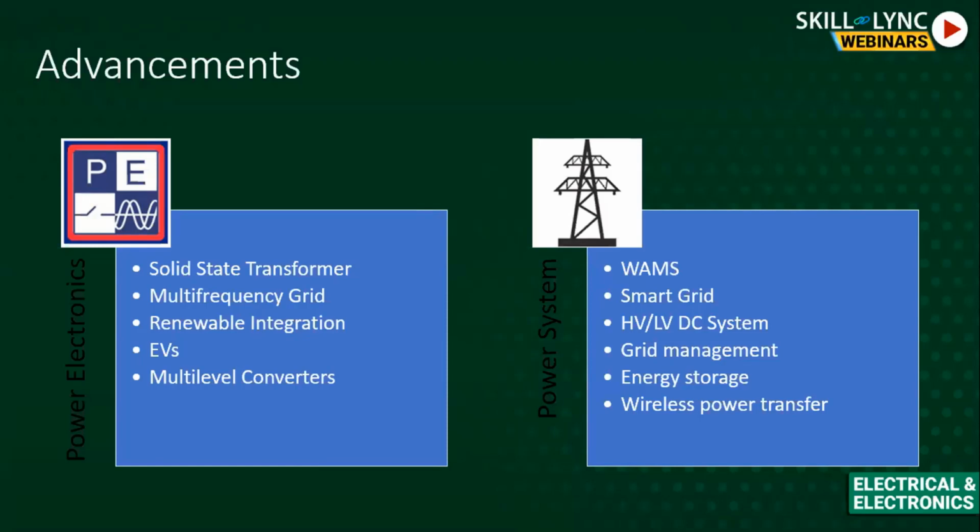In the wide area measurement technique, we design a standard reference for the entire system through the GPS system, and everything will be controlled and monitored with respect to one standard reference. So the chances of errors are greatly reduced. The next is smart grid.